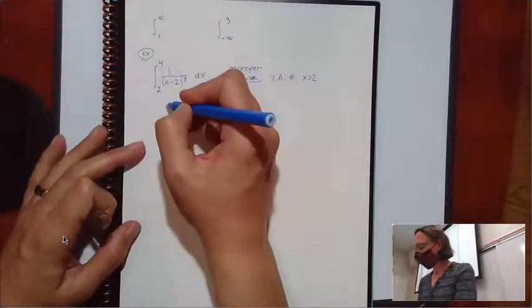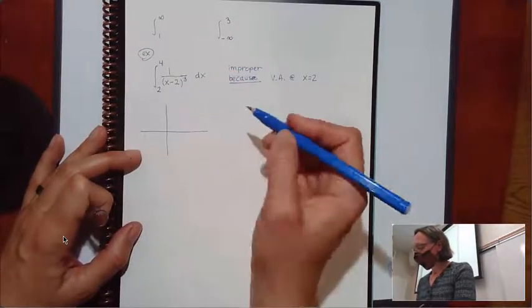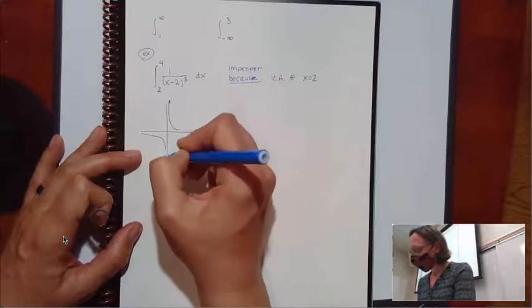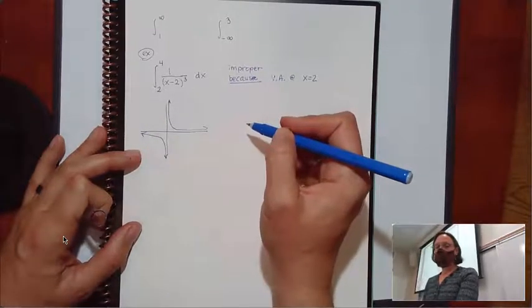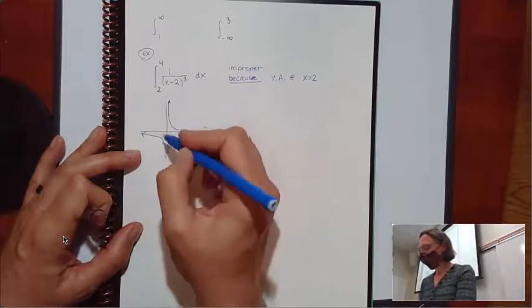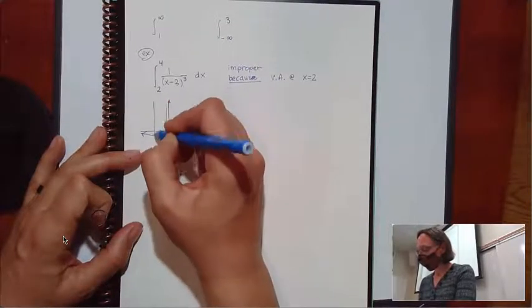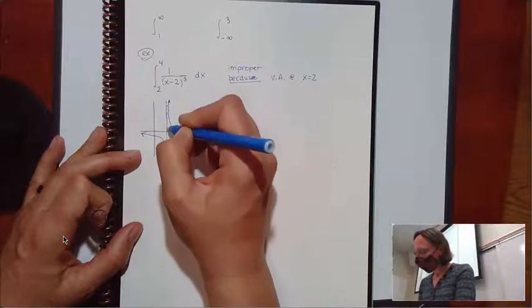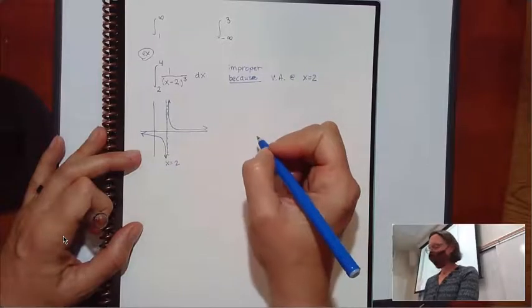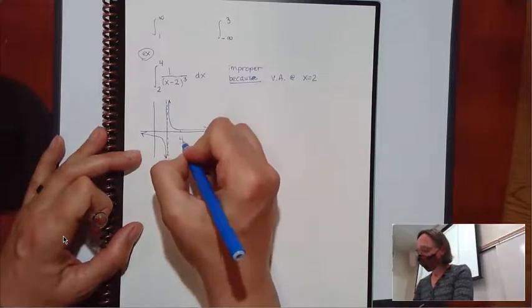If I were to sketch this out, it kind of looks like this, which means the area we're finding is from 2 to 4.